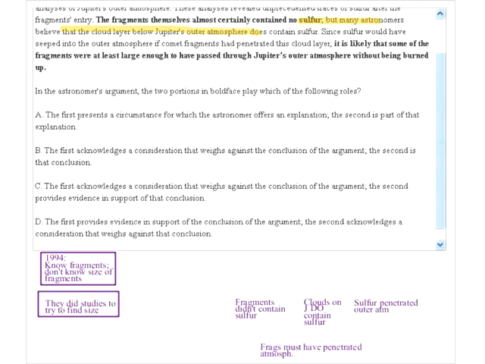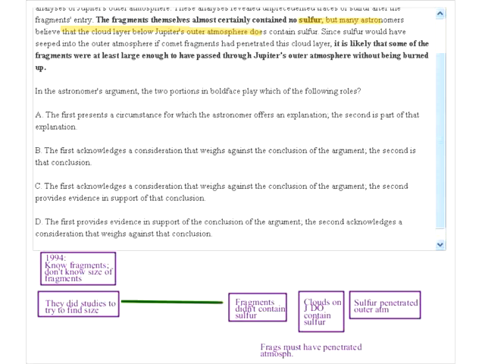So what are the connections here? Well, the way this works, these are just background facts. This is not an argument. Instead, it's more like, here's what they found. So this is background, all of this.